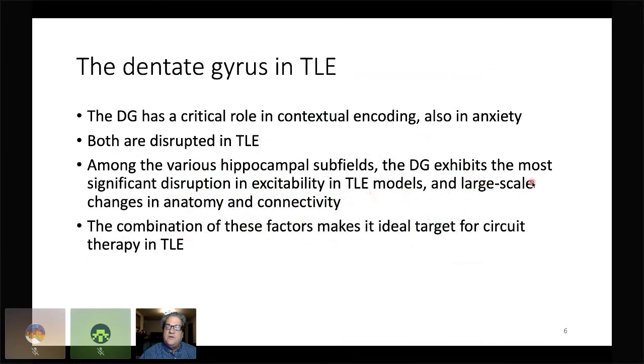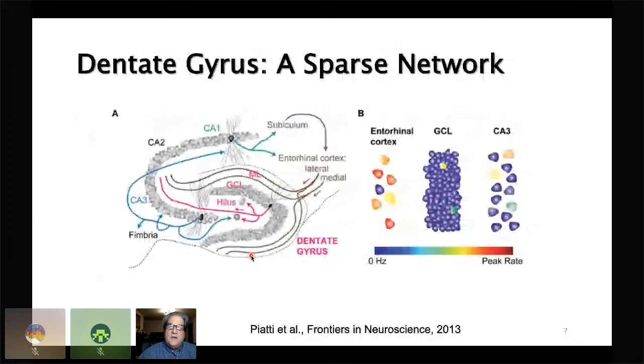There are also very large scale changes in the anatomy and connectivity in both TLE models and in tissue resected from patients. These combined factors make it an ideal target for circuit-targeted therapy to try to control both cognitive and seizure disruptions.